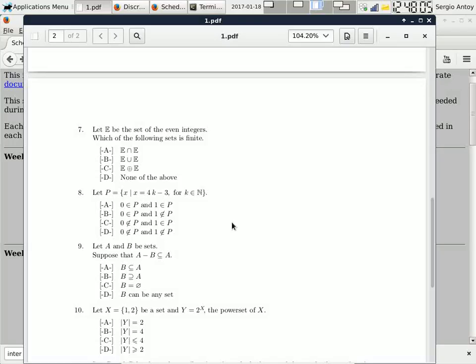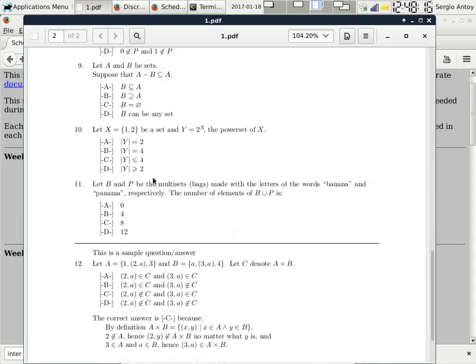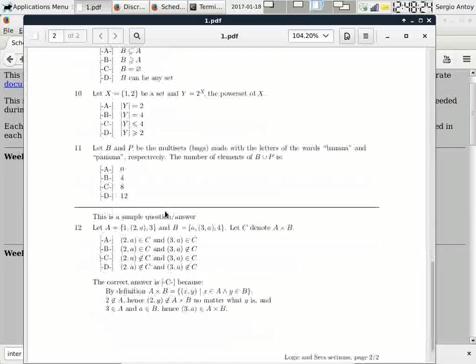And so the other problem is to solve an equation, or see whether some condition on the equations holds. All right, there is one on power sets. Should be pretty easy. And then there is one with multisets, where these multisets are the sets of the letters of banana and Panama.